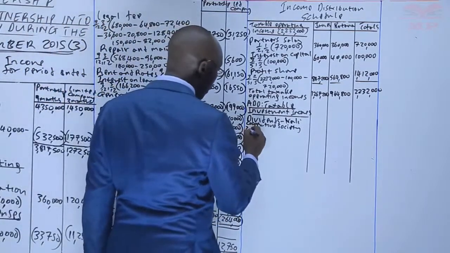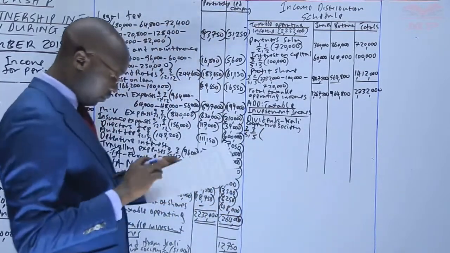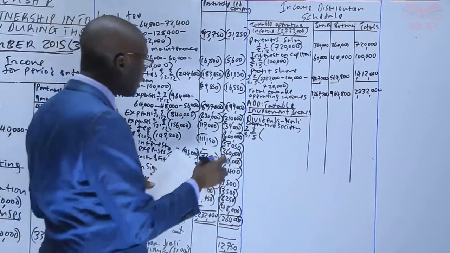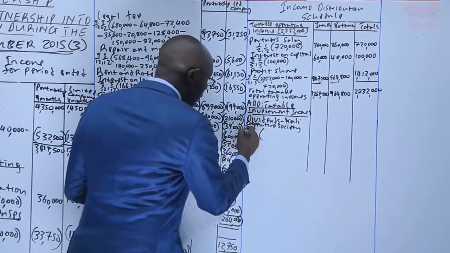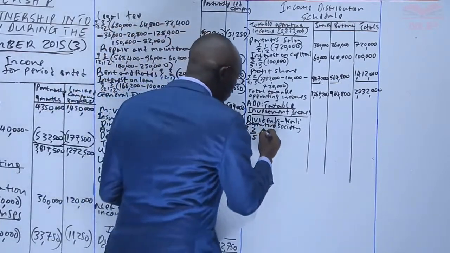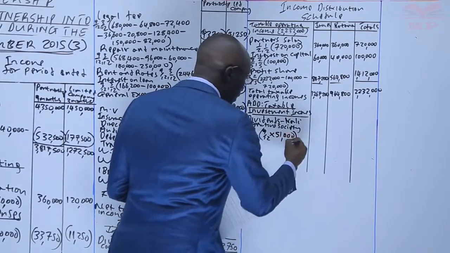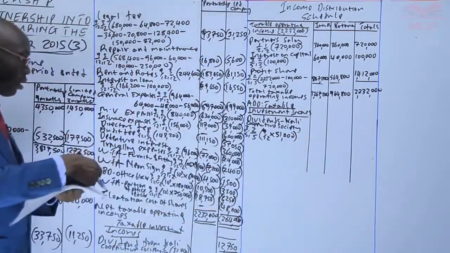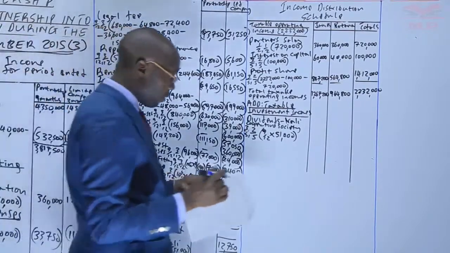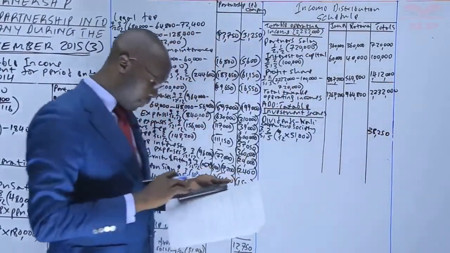The first one gets 3/5, the other one 2/5, of 9/12 of 51,000. So we'll have first 9/12 of 51. That gives us 38,250.